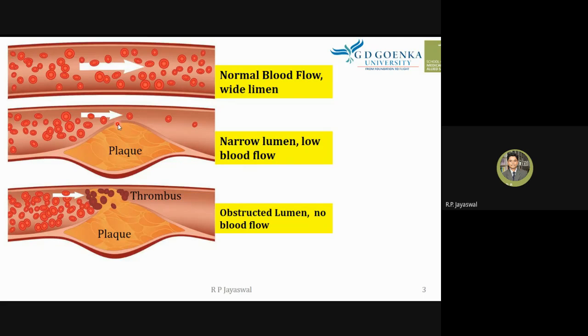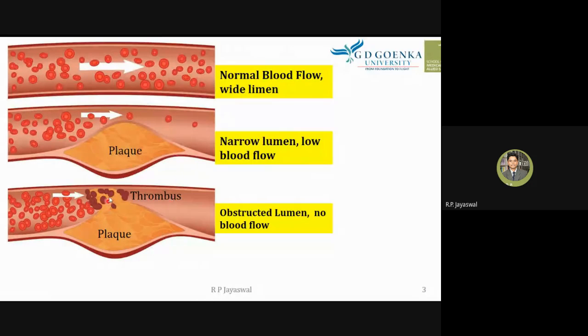Platelets get activated because of collision with this abnormal plaque, and this can activate platelets and further activates the clotting cascade. Because of that, the clotting cascade makes a clot, and you can see now there is a complete obstruction of the blood flow. Now there is no blood flow here, right?